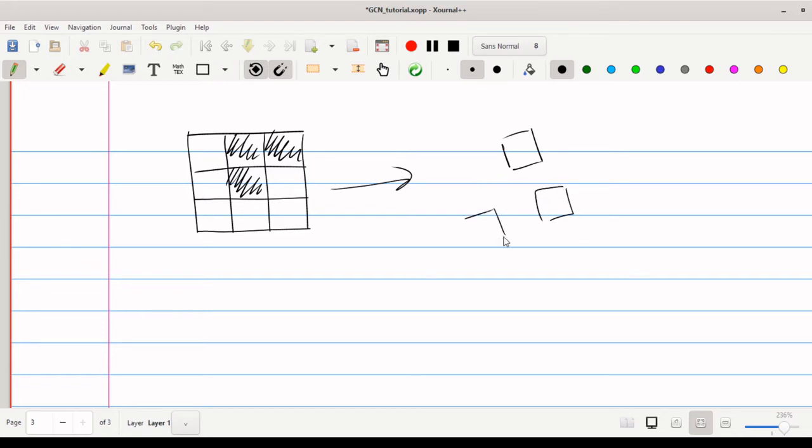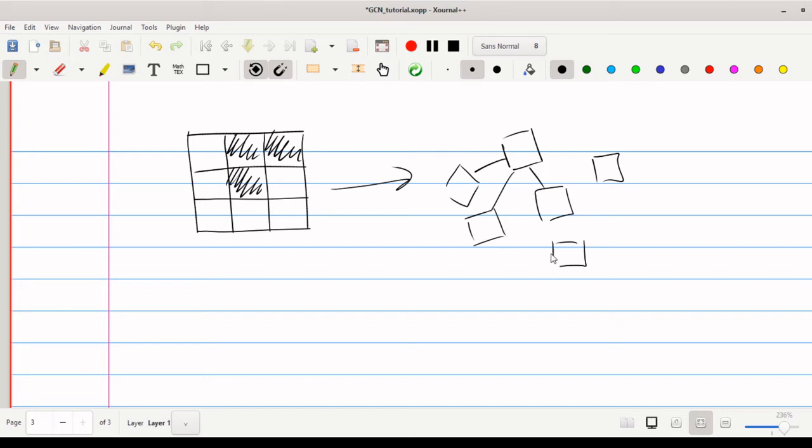Suddenly pixels turn into nodes of our graph network, and nodes are going to be connected. Essentially we could do it in a simple way: we could say that nodes are connected if the pixels are neighboring each other.